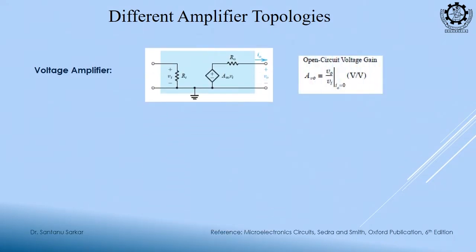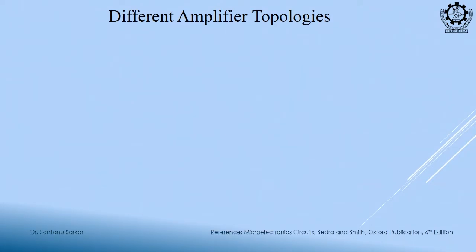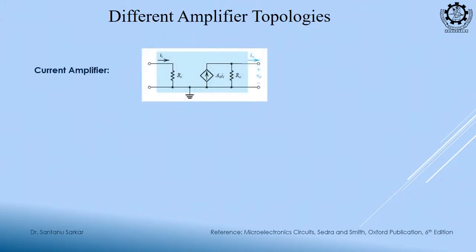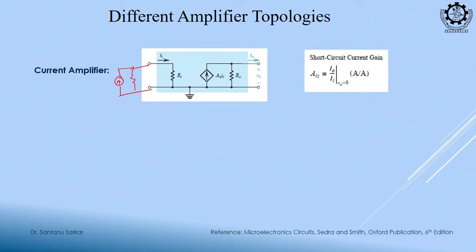We already discussed voltage amplifier. Next is current amplifier. So, for current amplifier we will be having a current source, right. Ideally this current source impedance is very high, infinity.